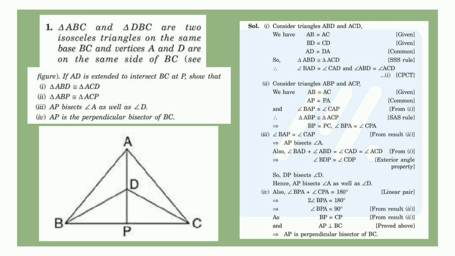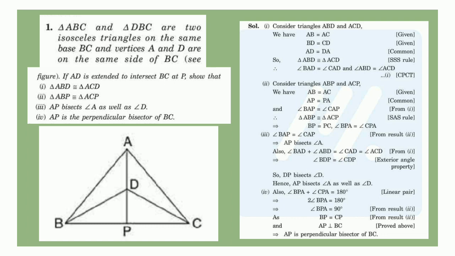For this, in triangle ABD and triangle ACD, we can write angle BAD plus angle ABD is equal to angle CAD plus angle ACD. Both are equal because they are congruent. Already we proved the two triangles are congruent. So we take the congruent angles. So BAD plus ABD is equal to CAD plus ACD. Okay.